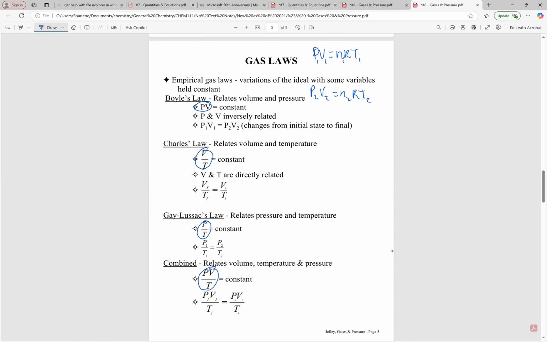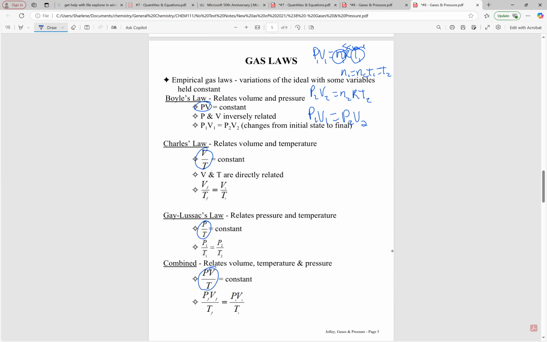So I'm going to keep n and T the same. So n1 is equal to n2 and T1 is equal to T2. And now we can say P1 V1 is equal to P2 V2 because the others cancel out because they're all identical numbers.